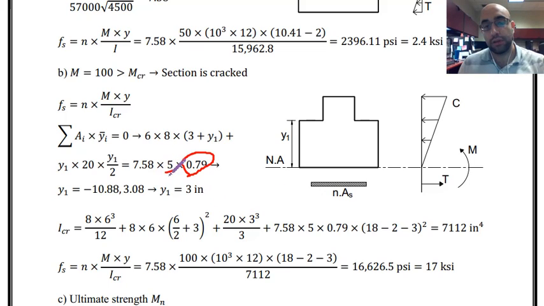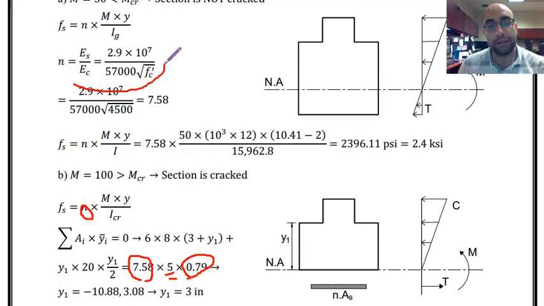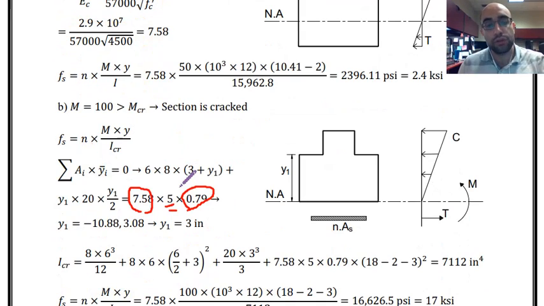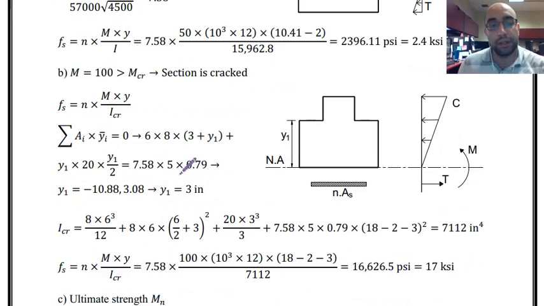We had 5 reinforcement bars over here, so the number of bars multiplied by the area of each, and then this n is the n that we calculated, and that is the ratio of the Young modulus of steel over the Young modulus of concrete. So calculating those, that is the only thing that we have on the other side.